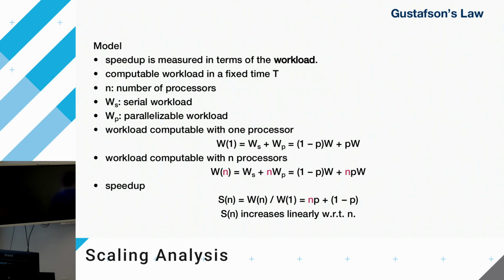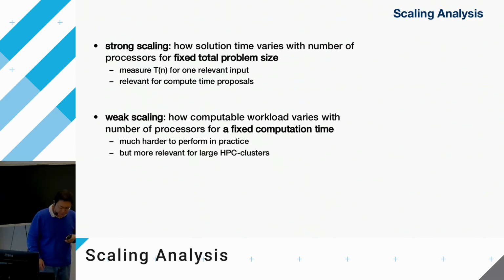And then with increased number of n, we will see that in this case, we are able to do more parallel work. And this is, let's say, linear. This increases linearly with respect to the number of n, so the number of processors. And in this way, we are able to utilize the HPC resources to run more calculations.